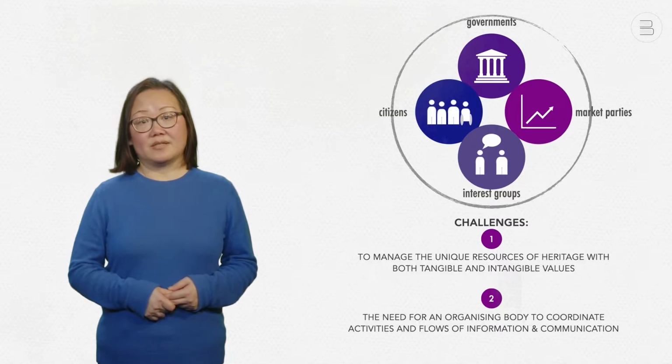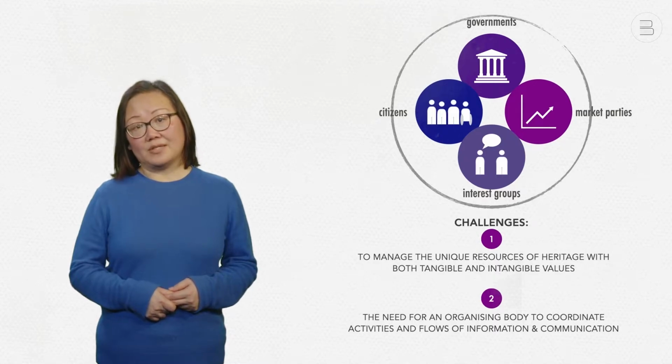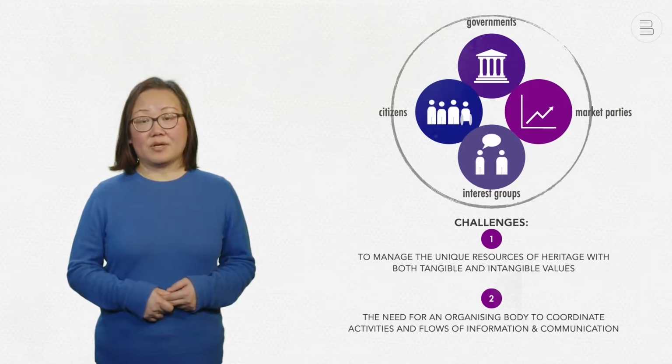Another challenge concerns the need for an organizing body or platform that coordinates and manages activities and flows of both information and communication. Without an appropriate governance structure to address the different interests, conflicts may arise in the process of heritage transformation.